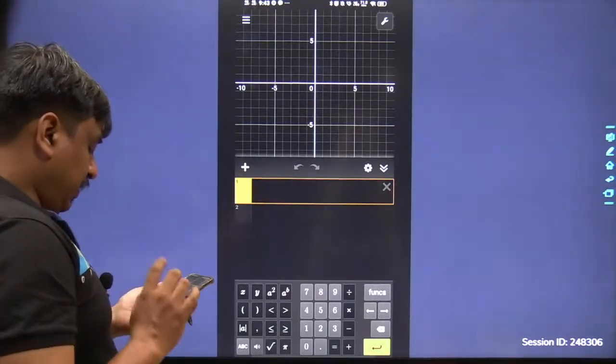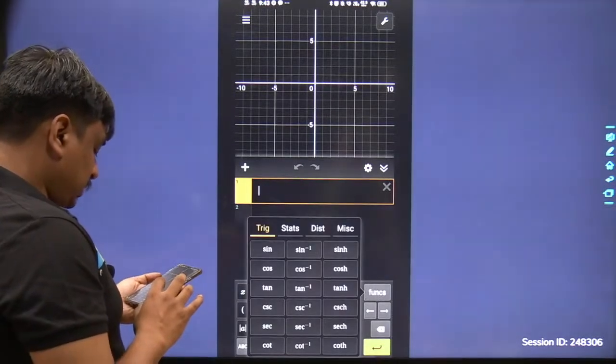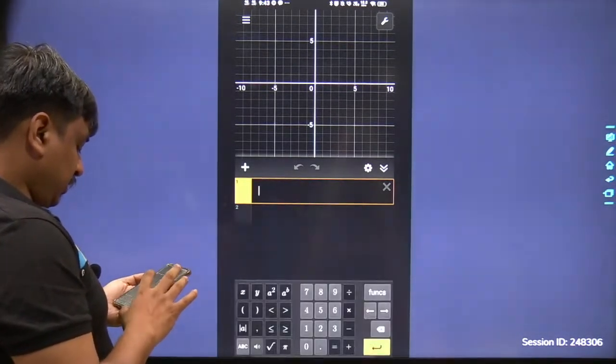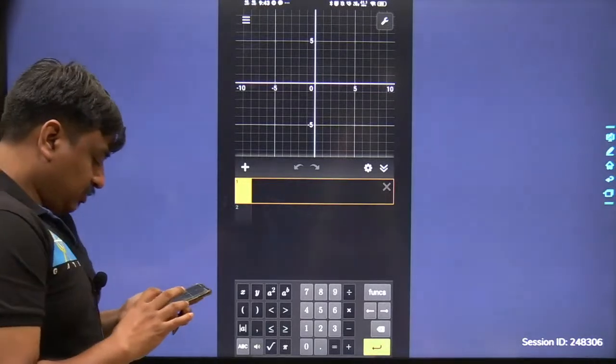So here at the very beginning we have to take the exponent function. Just a minute. Yes, here goes the exponent function.